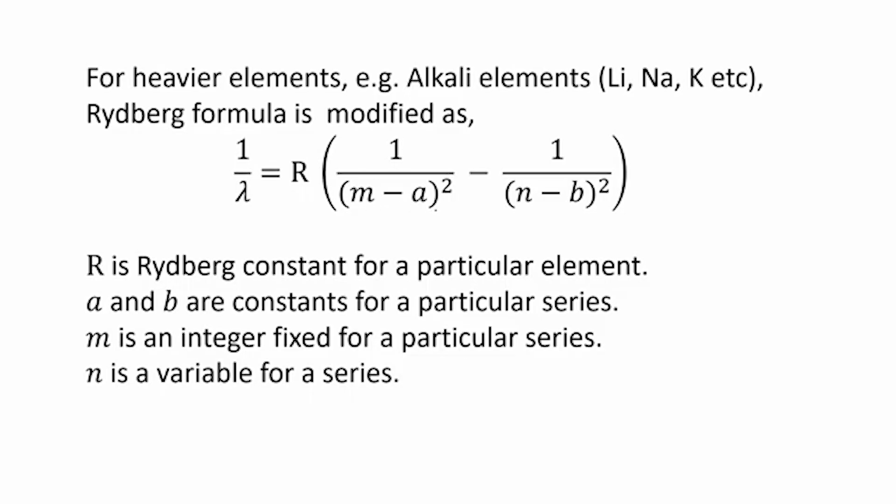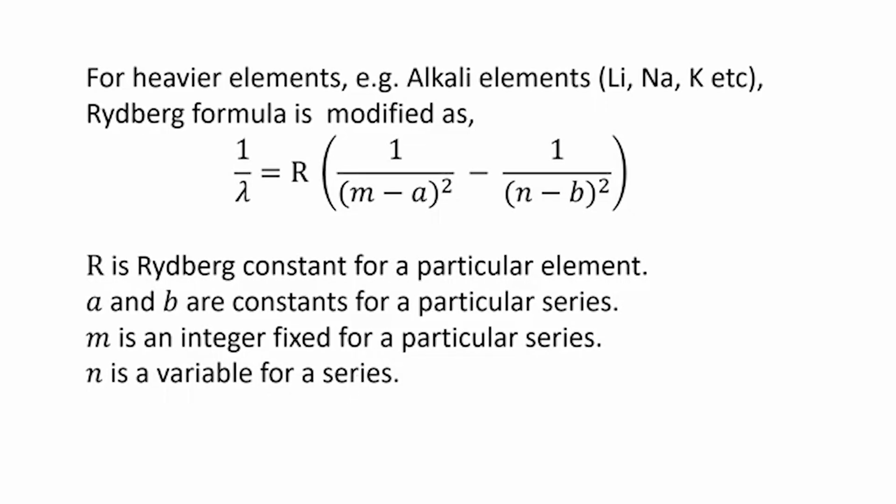So it's 1 by (m minus a) whole square minus 1 by (n minus b) whole square. R is the Rydberg constant for a particular element. RH was for the hydrogen atom, and a and b are really constants for a particular series, that is, all the series that you saw for the hydrogen atom. m is an integer fixed for a given series, and n is a variable for that series.